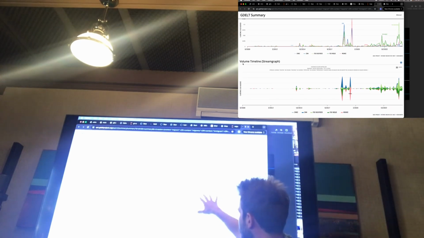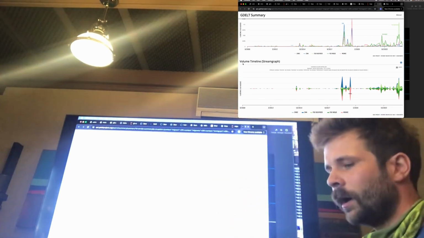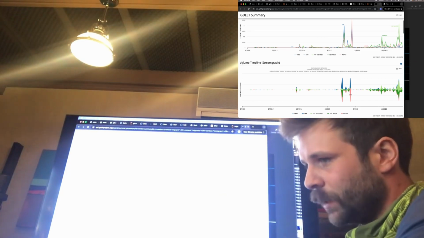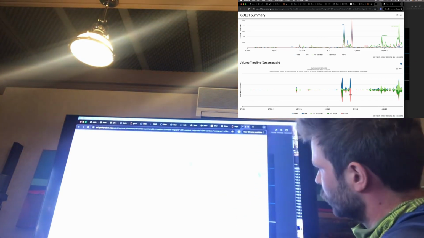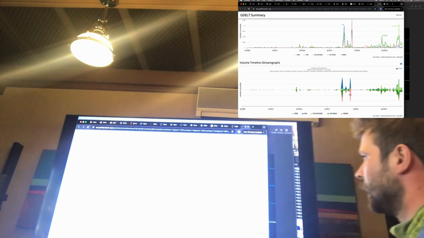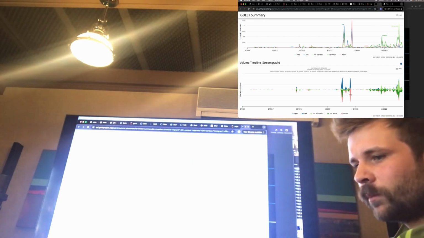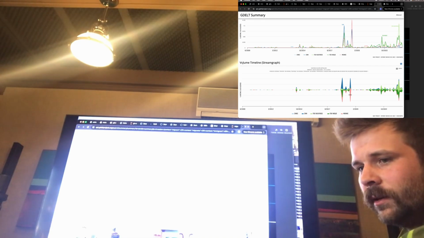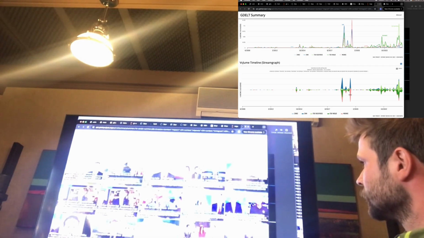There's a major spike right here, and that's because this kind of language actually appeared in the manifesto of a mass shooter in El Paso, Texas. And then we also get the individual instances of this happening.